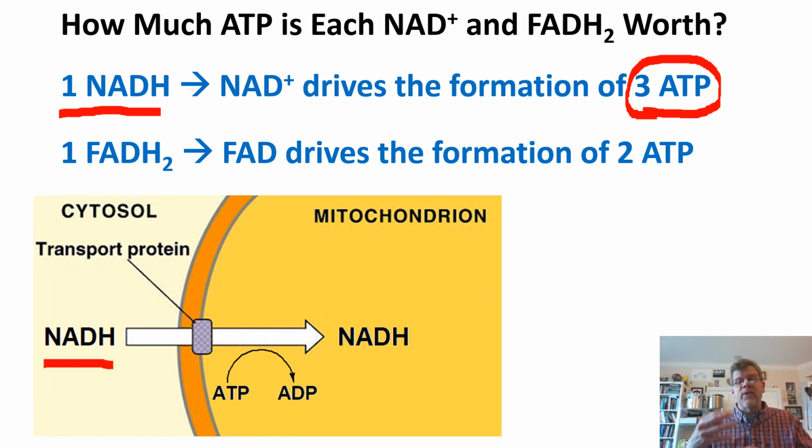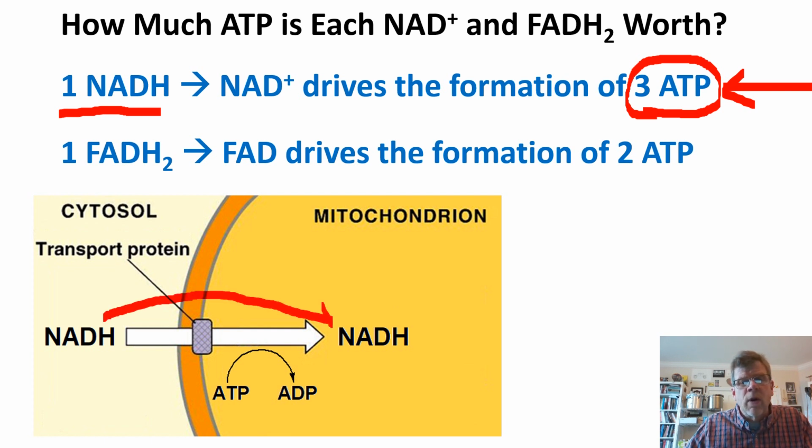However, now that we have this other energy production pathway, this aerobic one, the citric acid cycle, NADH produced in glycolysis here in the cytoplasm or the cytosol can be utilized in the citric acid cycle or after the citric acid cycle to drive the formation of 3 ATP. But it has to get into the mitochondrion to do that. So here over on the left-hand side, we have NADH. It has to make it into the mitochondrion in order to cash in for 3 ATP, which it does.